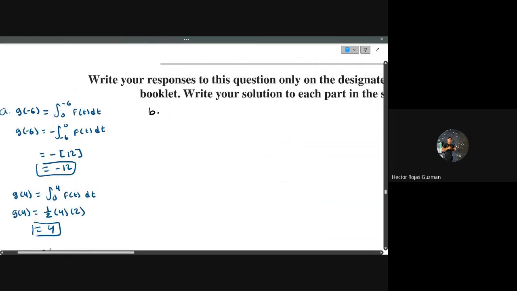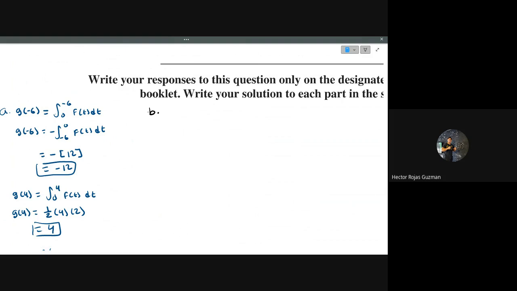B. The function g, find the critical points for g. Okay. Well, g of x is going to be the integral from 0 to x of f of t dt.